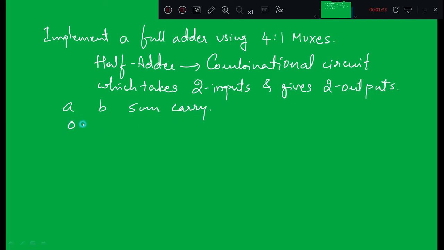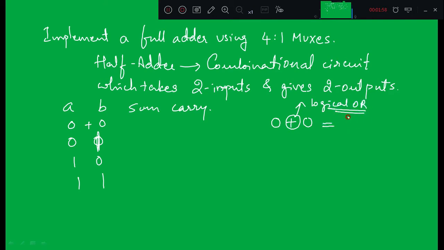So with two inputs I can write a total of 4 combinations, right? 0 0, 0 1, 1 0 and 1 1, right? So when I add, please remember there is a difference, because this plus symbol I can also call it as a logical OR, but in case of logical OR I have only one output, right?